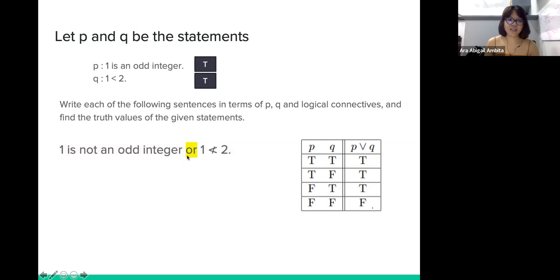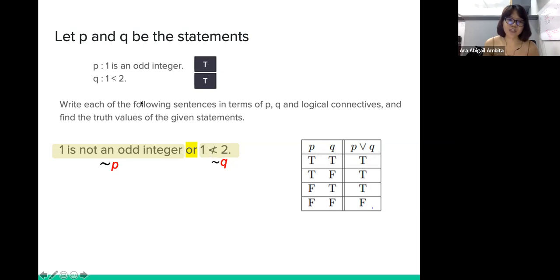1 is not an odd integer or 1 is not less than 2. Again, this is just a negation of P. Our P is 1 is an odd integer, which is true, and we are adding a not operator, meaning we are getting the negation of P. So we represent it using the symbol not P. We also see here that instead of 1 is less than 2, we are expressing it as 1 is not less than 2.